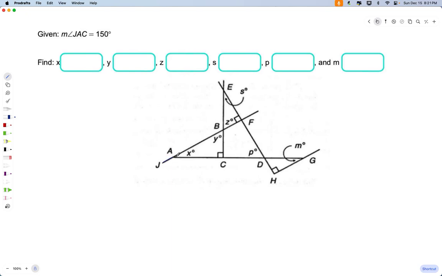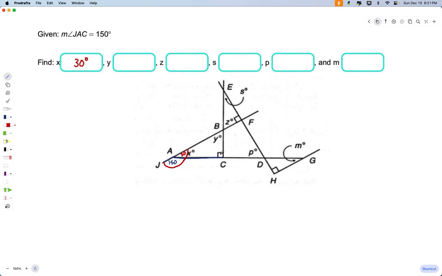Okay, so we know that this is going to be 180 degrees because it's a straight line. So that means if this is 150, then this has to be 30. So x is equal to 30 degrees. Now, if x is 30, and we know this is 90, then y has to be 60.